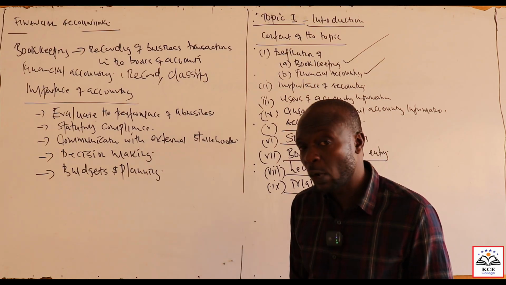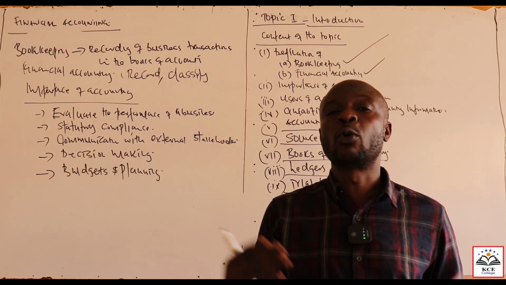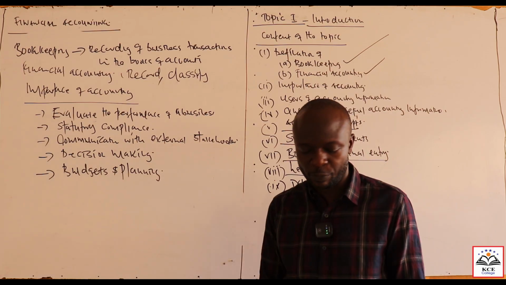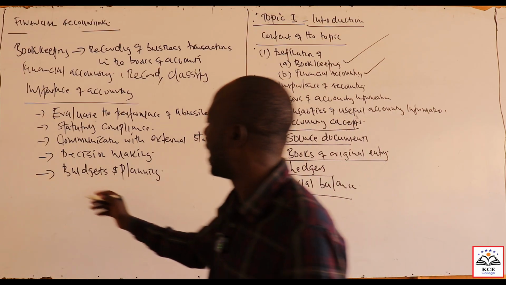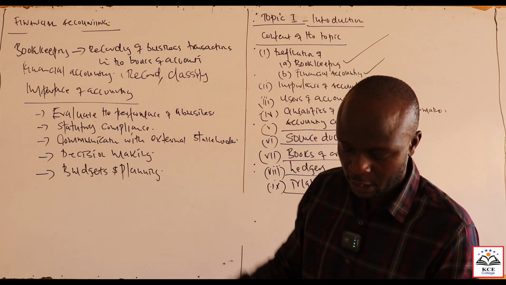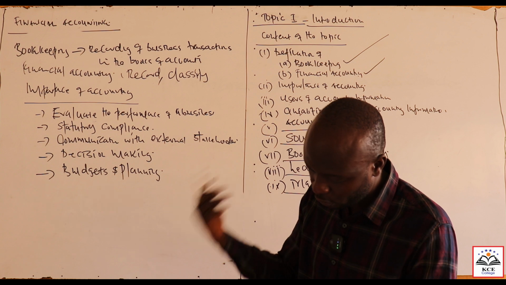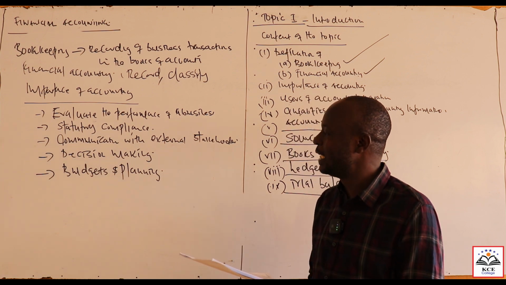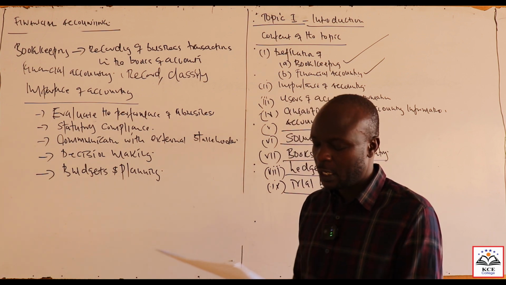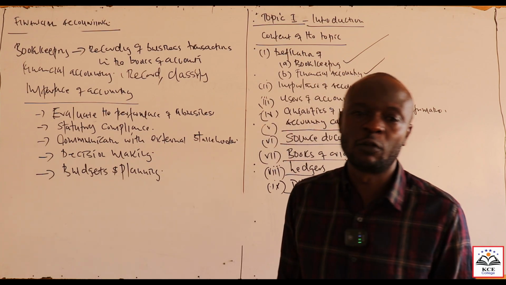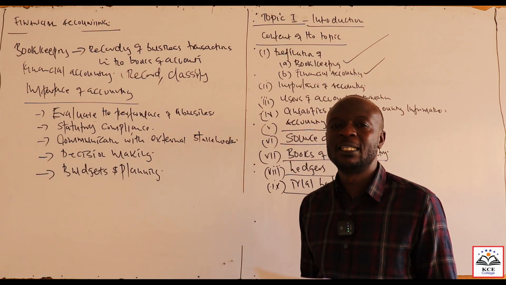Therefore, financial accounting gives us the required information for us to make sound decisions. Then lastly, we have what we call budgeting. For us to be able to make projections in future, to be able to tell trends, we have to have financial information for us to do our budgets, our planning.